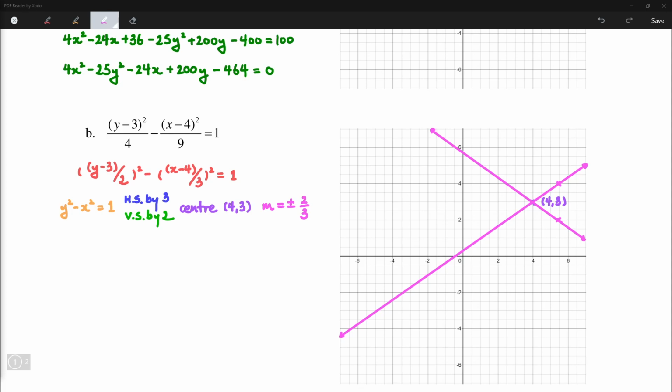However, due to the vertical stretch by 2, there will now be 2 spaces above and 2 spaces below instead. So 1, 2, and 1, 2. So that would be (4, 5) and (4, 1) respectively.